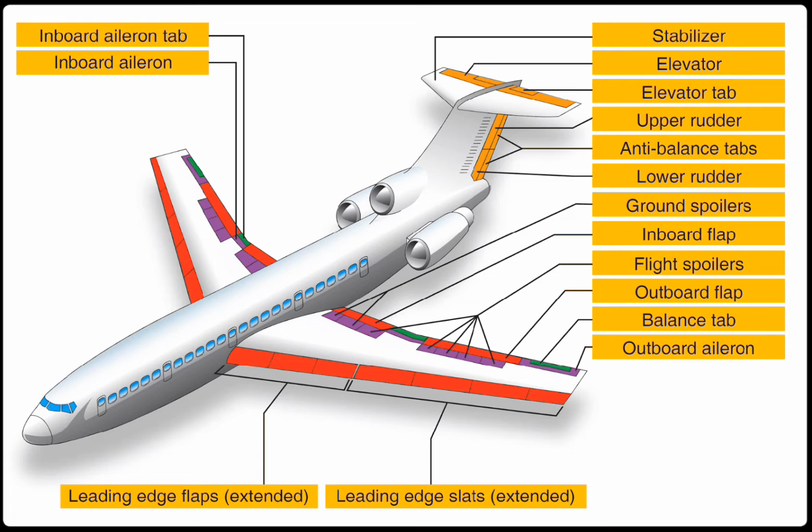Which flight control surfaces are considered the primary group? Elevators, ailerons, rudder. Which flight controls are considered the secondary group?